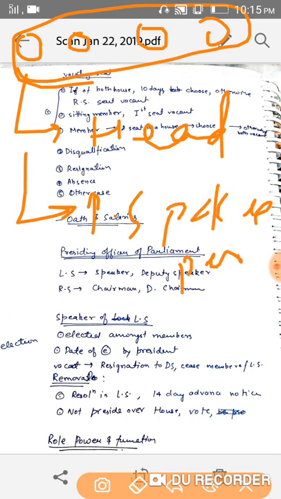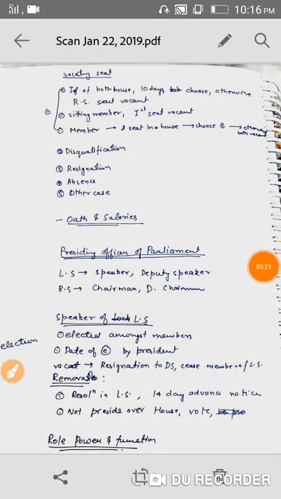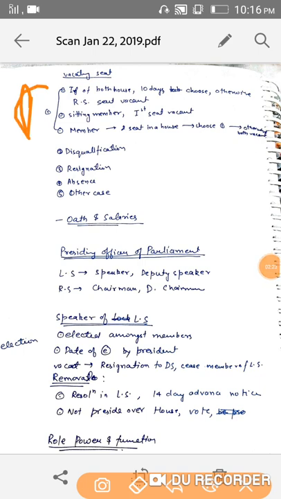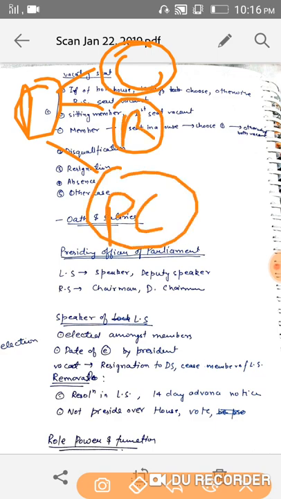Then he is the ultimate authority on parliamentary matters in Parliament. He derives his powers from three things: the Constitution of India itself, the rules and procedures, and parliamentary conventions.